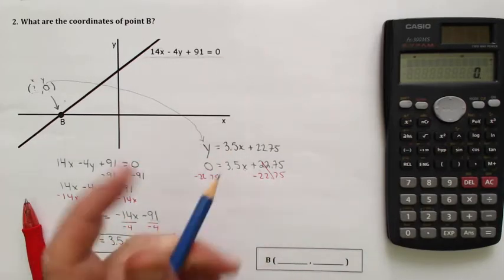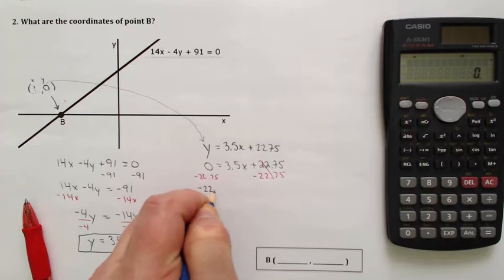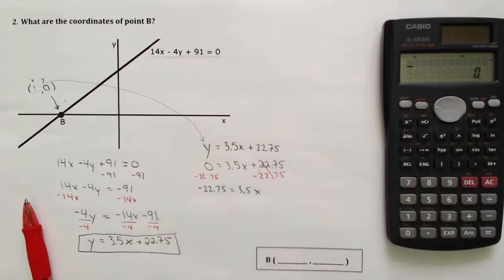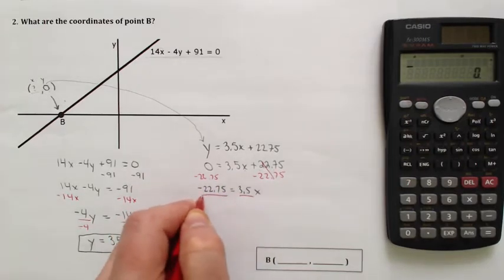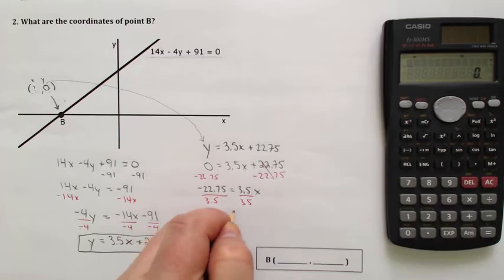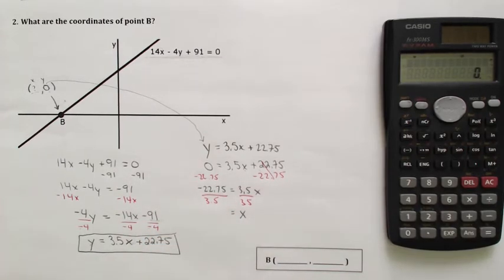So negative 22.75 is equal to 3.5x. And I don't want 3.5x's, I just want x. So I'm going to divide both sides by 3.5. And now we need a calculator here probably, because on the right I'll have an x, which is what I want.